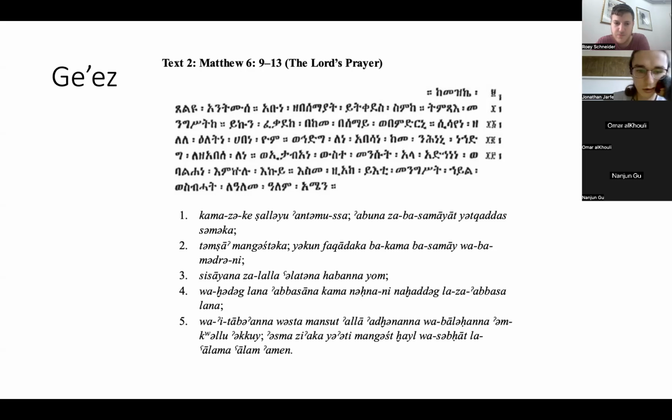But I can't actually. This is the double S. Anta Musa. Sorry? Kama zaki tsallayu anta Musa. Abuna za Samayat yitqaddas. Yeah. Semeka. Yes, exactly. So kamazaka, like that.